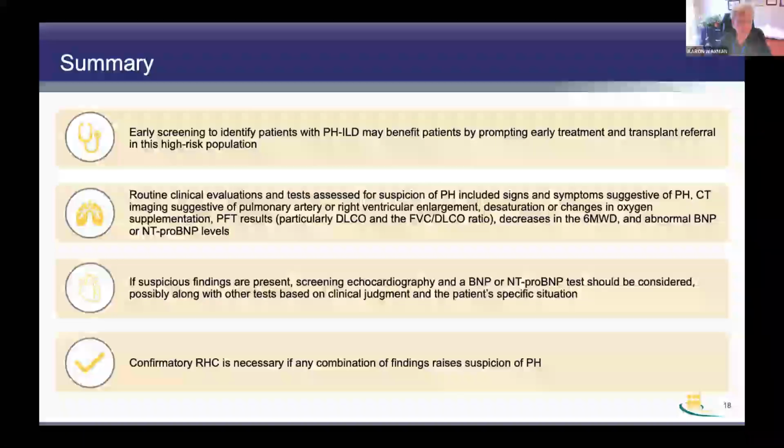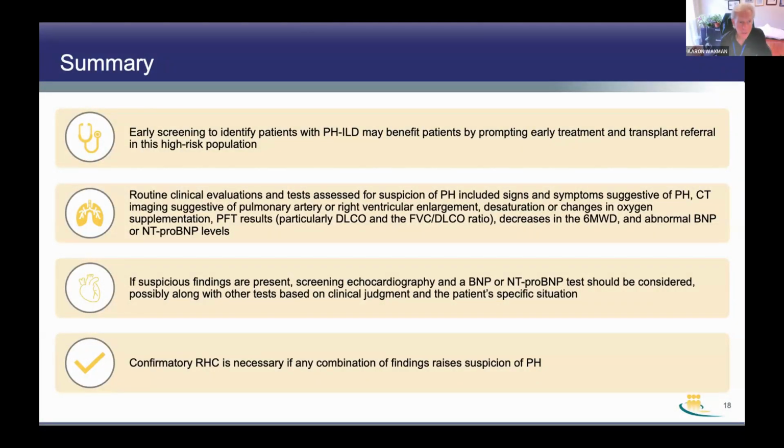desaturation or changes in oxygen supplementation, pulmonary function test results, particularly that diffusing capacity and the FVC to DLCO ratio, decline in 6-minute walk distance, especially if the lung disease appears stable, and increasing BNP and NT-proBNP levels may also indicate increased wall stress in the right ventricle.